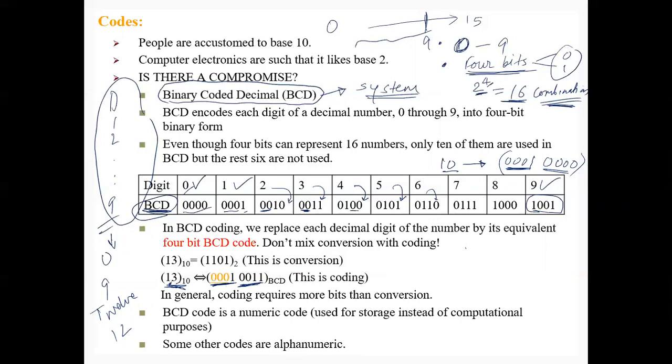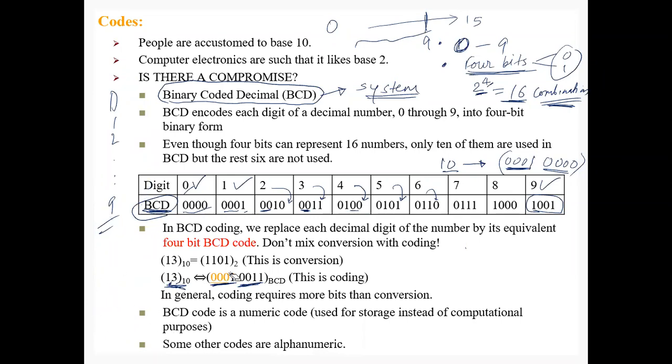In BCD, you do it digit by digit. Does it make sense? Yes. Okay, very good.